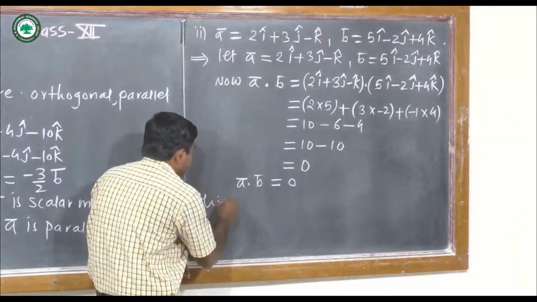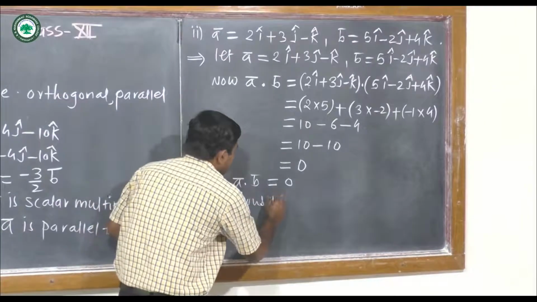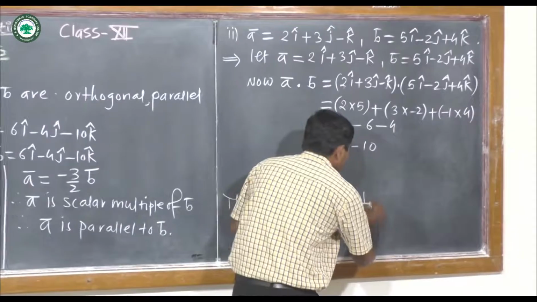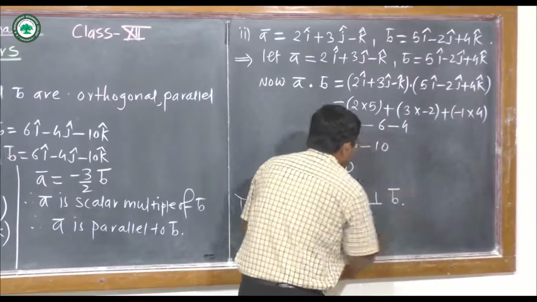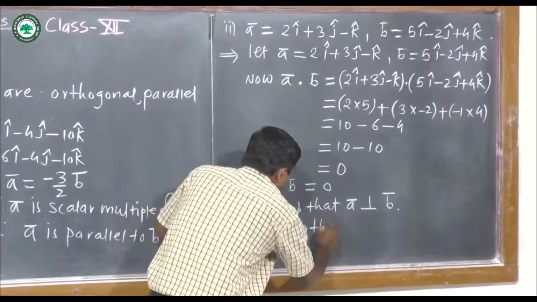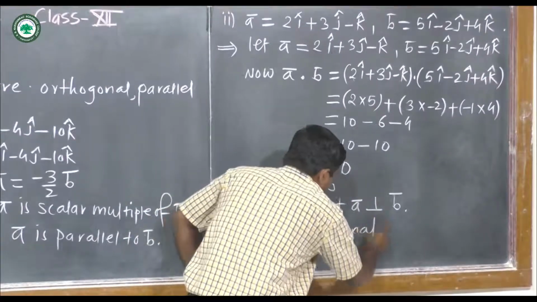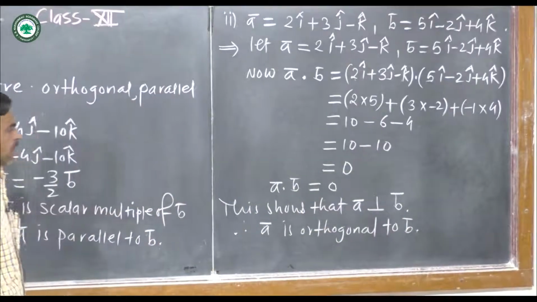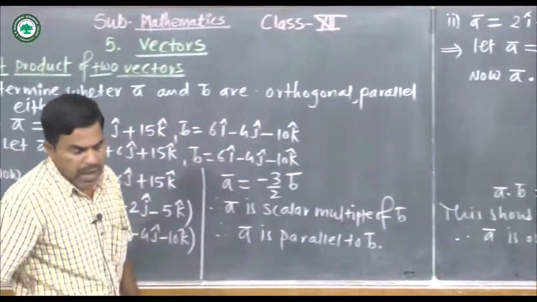This shows that A bar is perpendicular to B bar. So in this way we can check whether the vectors are orthogonal or parallel.